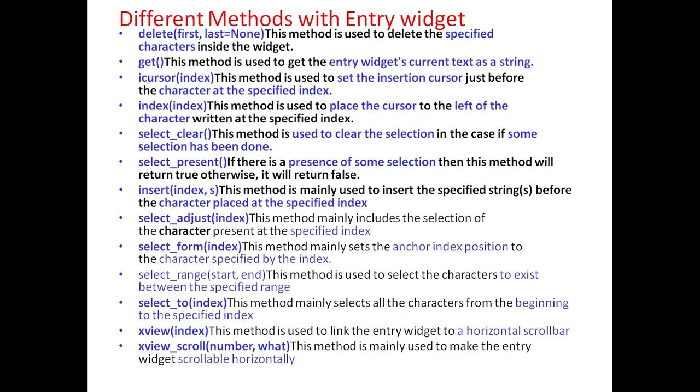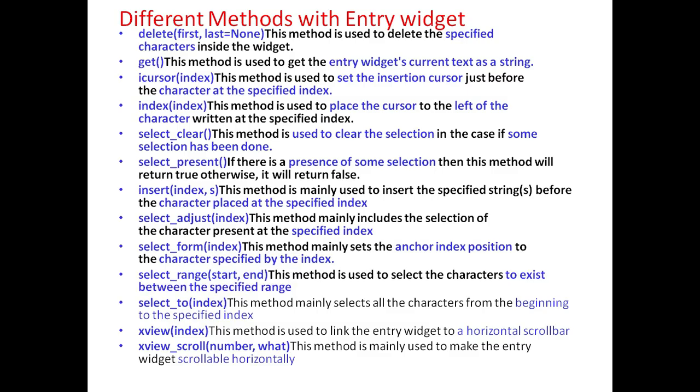The insert method with parameters index and s is mainly used to insert the specified string before the character placed at the specified index. selection_adjust with parameter index. This method mainly includes the selection of the character present at the specified index. selection_from with parameter index mainly sets the anchor index position to the character specified by the index. selection_range with parameters start and end is used to select the characters between the specified range. selection_to with parameter index mainly selects all the characters from the beginning to the specified index.